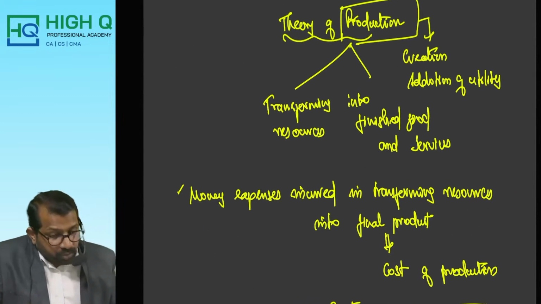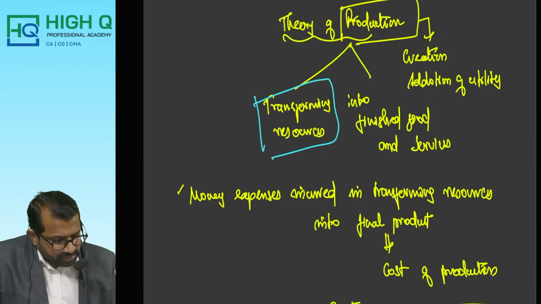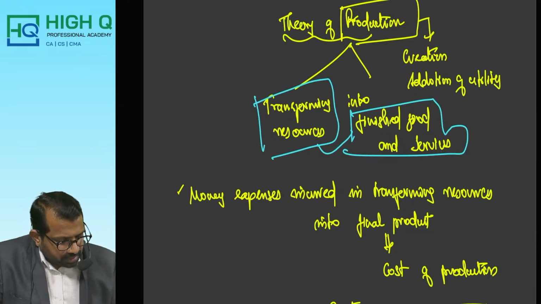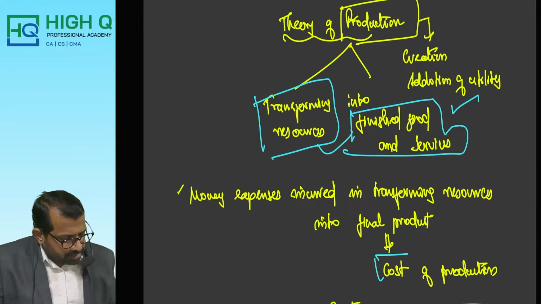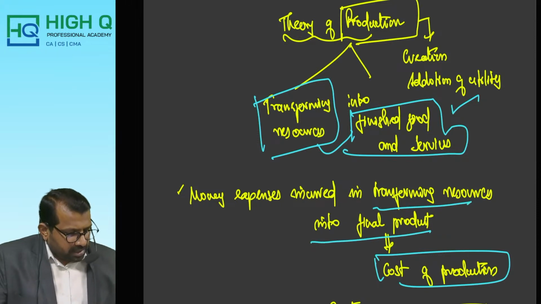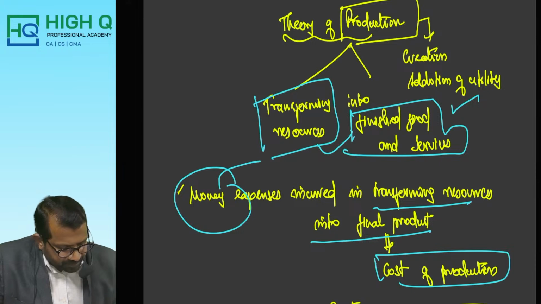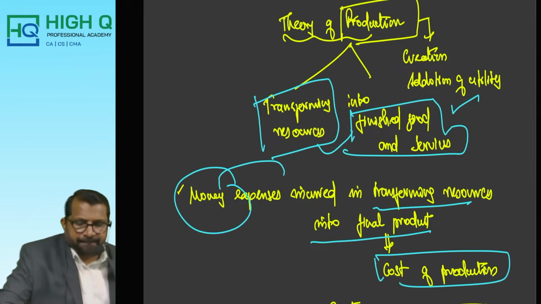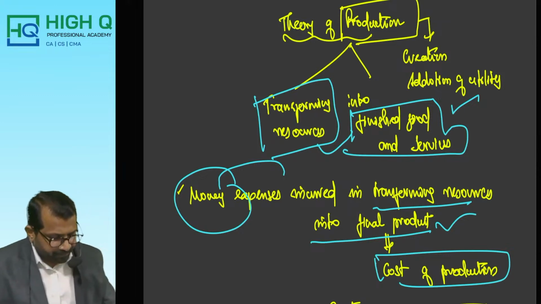So here first point, the meaning of production is transforming resources into finished goods and services. And what is meant by cost of production? Cost of production means for the purpose of transforming resources into final products, where we are going to expend some amount of money exclusively for the purpose of production, it is called as cost of production.